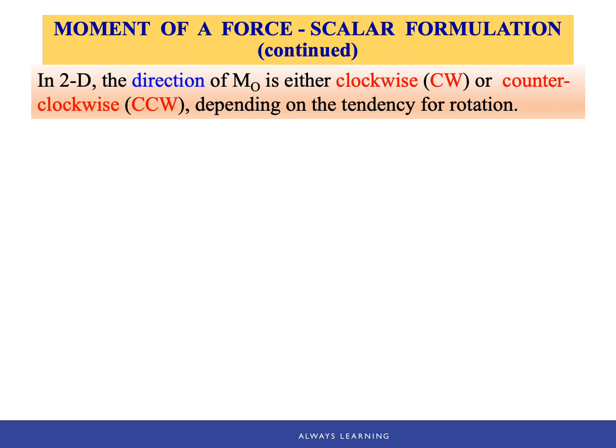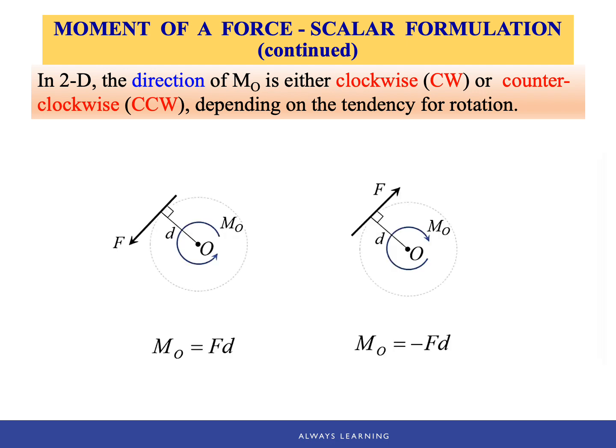In 2D, the direction of moment is either clockwise or counterclockwise, depending on the tendency for rotation. On the left-hand side, we have a force with a magnitude of F, and the moment arm is D, the perpendicular distance from the point O to the line of action of the force F. So the magnitude of this moment is F times D. And this force will cause a clockwise rotation about the point O. We can use the right-hand rule to prove the direction of rotation.